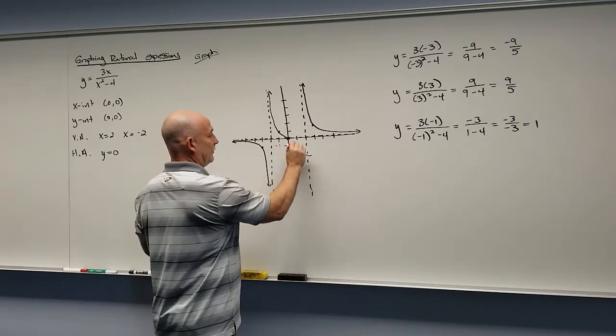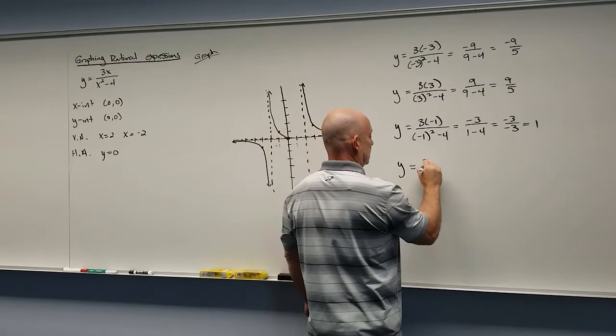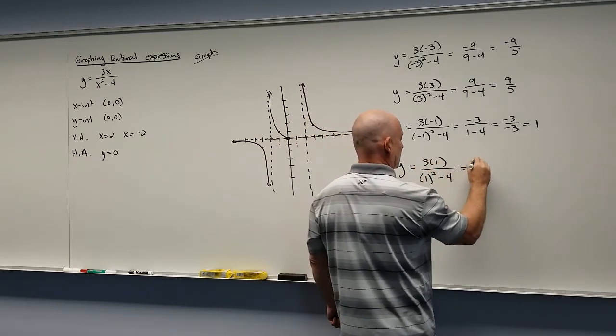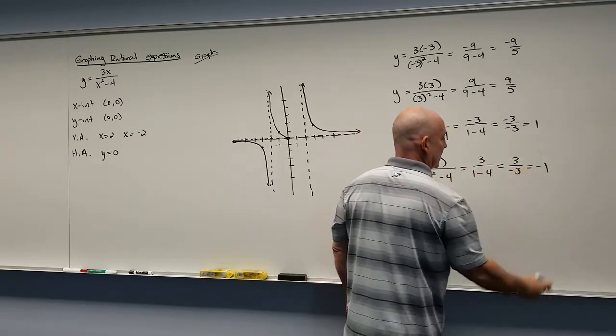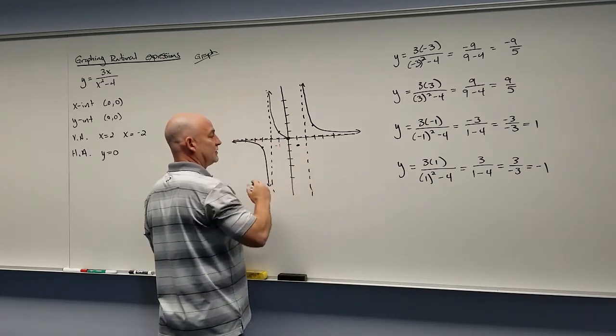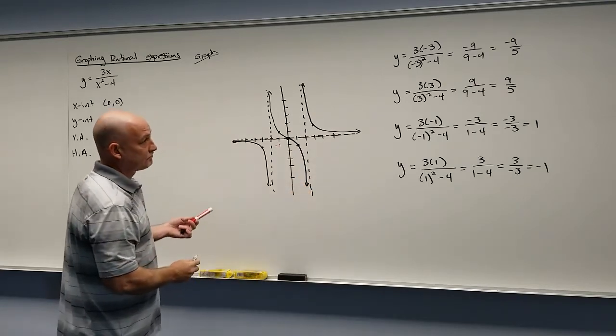All right, what happens as we approach +1 then? That's 3 times 1 over 1 squared minus 4, 3 over 1 minus 4, 3 over -3, which would be -1. So that means this time it's going down, so our graph is heading that way.